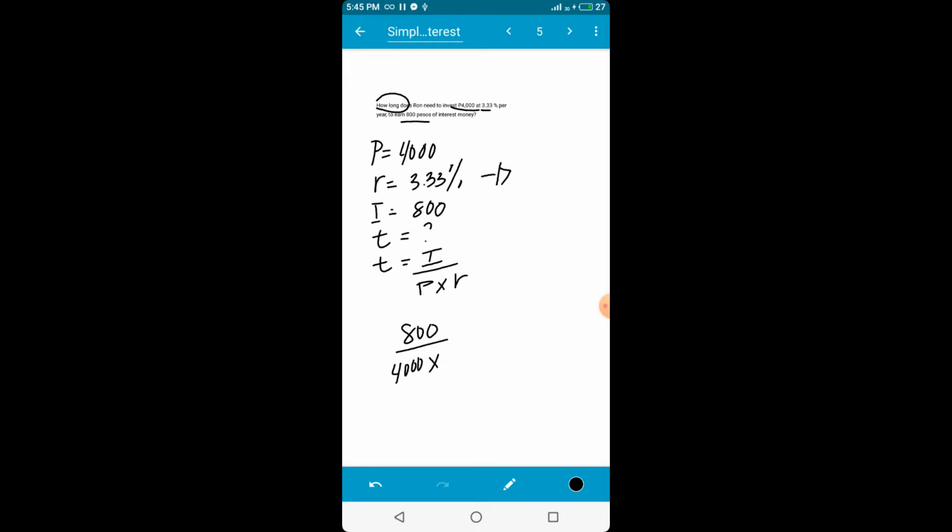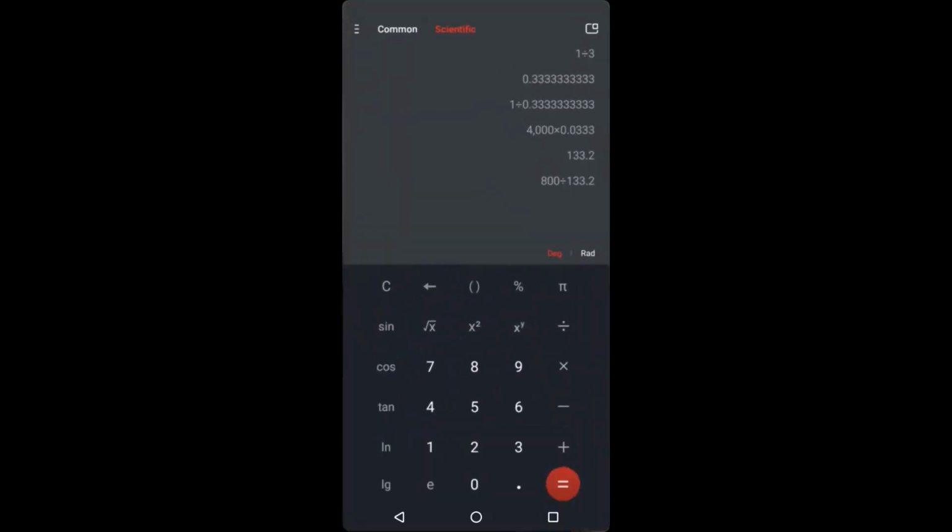Again, when we convert percent into decimal, we just divide the percent by 100, or we just move the decimal point two steps to the left. So let's just divide it by 100. That is the decimal equivalent of 3.33%.